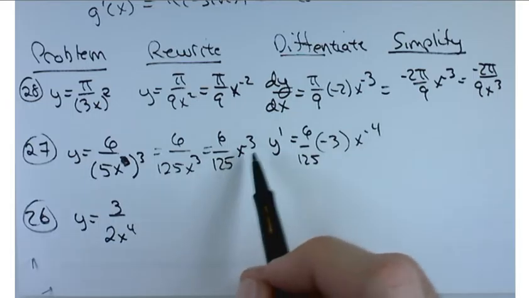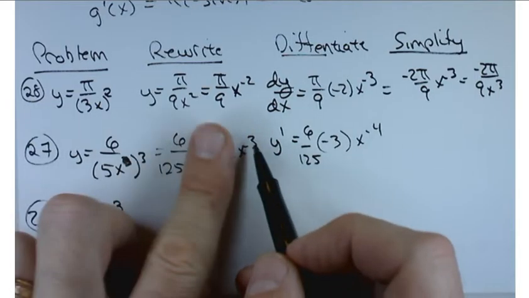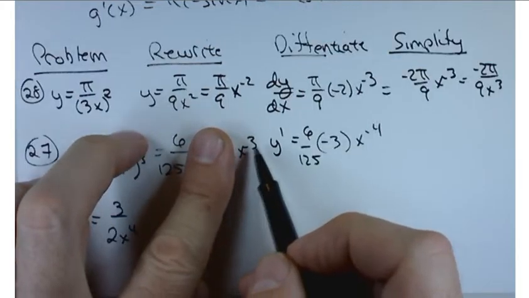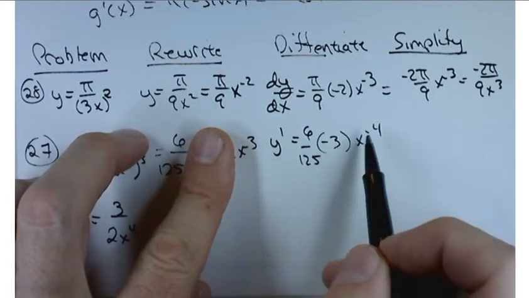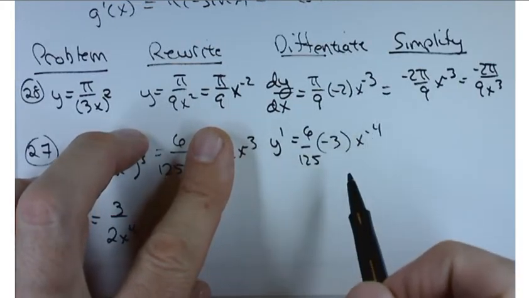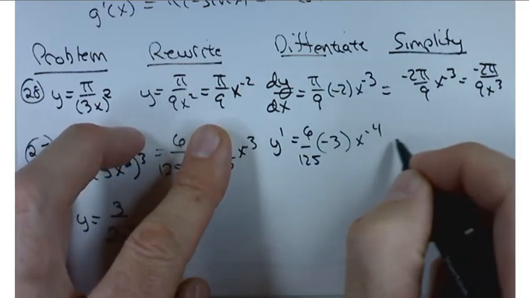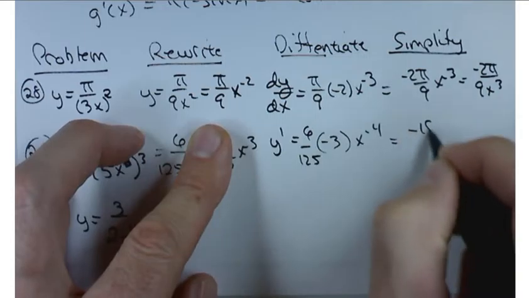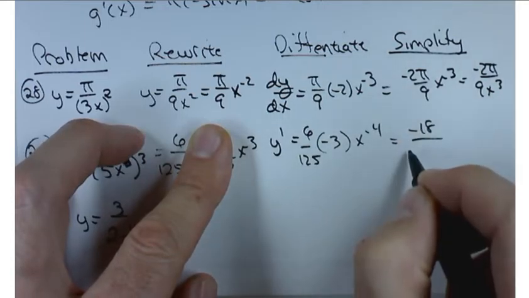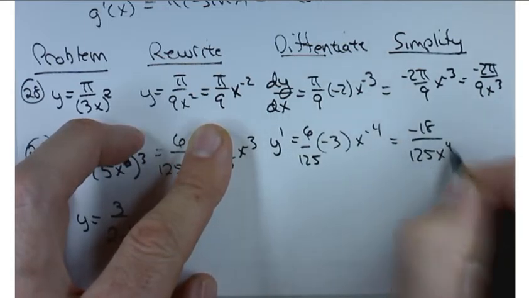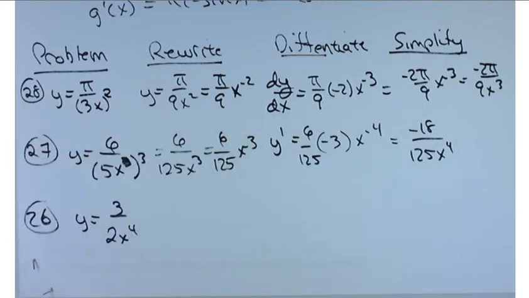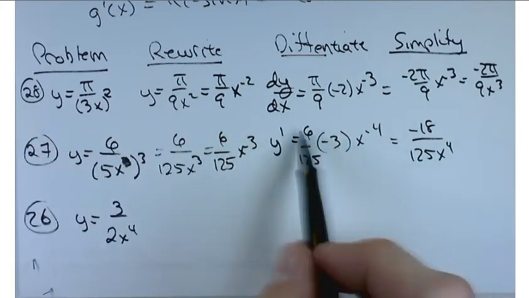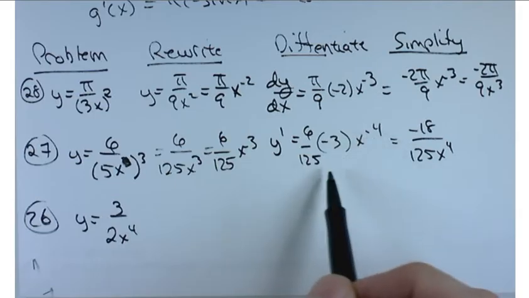In the process of differentiation, you multiply by the exponent, so that's where the -3 came from, and then subtract 1 from the exponent. As far as simplifying this is concerned, that's -18 over 125x to the fourth. So I did two things. I combined these two, and I put this down in the denominator.